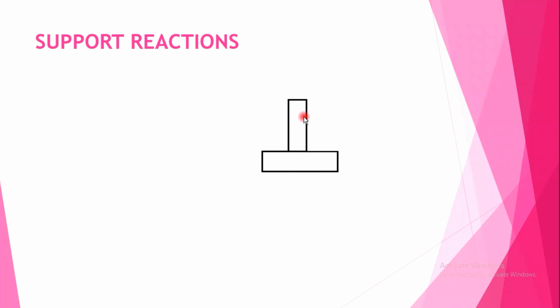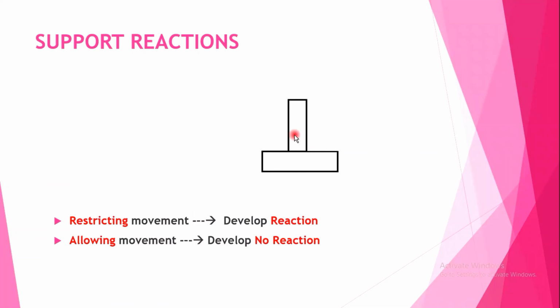In the previous figure we have seen the foundation which is supporting the entire structure. It is restricting the movement in the horizontal direction, in the vertical direction, and also in rotation. If it is restricting, there is a reaction at the support contact point. If it is allowing the movement, meaning if the body is moving downward, or going right or left, or rotating, there is no restriction for that. So for this structure we have reactions.